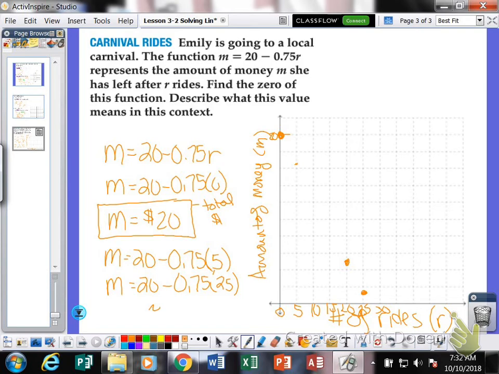So we're getting roughly around M equals 0 between 26 and 27. So let's try 26 and a half. So 0.75 times 26.5 is 19.875. So we're getting very, very close.